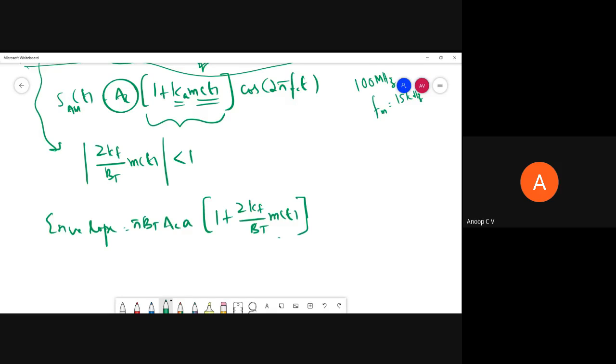This is the envelope. Now m(t) is our message signal, but as I told in the last class itself, if I have to get the original message signal m(t) back, I should do some signal conditioning. If you expand this, it is equal to pi bt a Ac plus this, bt and bt will get cancelled, so it will become 2 pi kf a Ac times m(t).